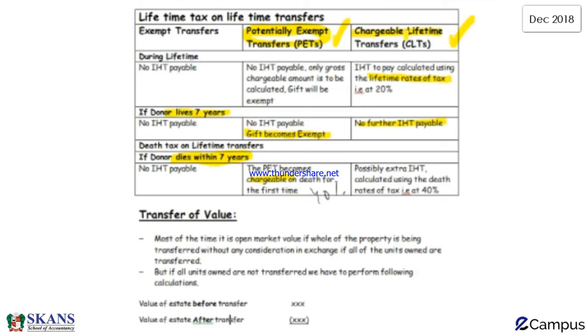But after making a CLT, if an individual dies within 7 years, in that case we will calculate IHT at 40%, obviously the death rate, but we will deduct whatever lifetime tax we have already paid, and the remaining tax would still be payable.